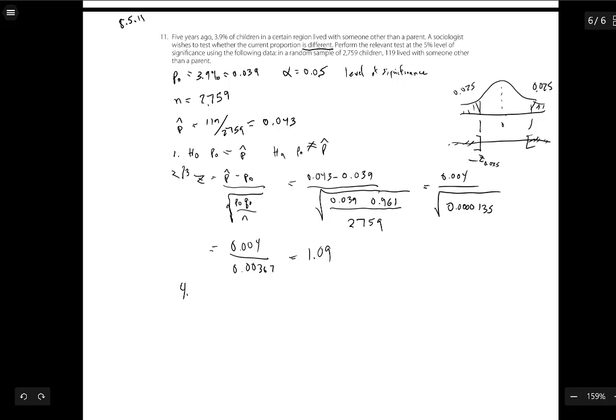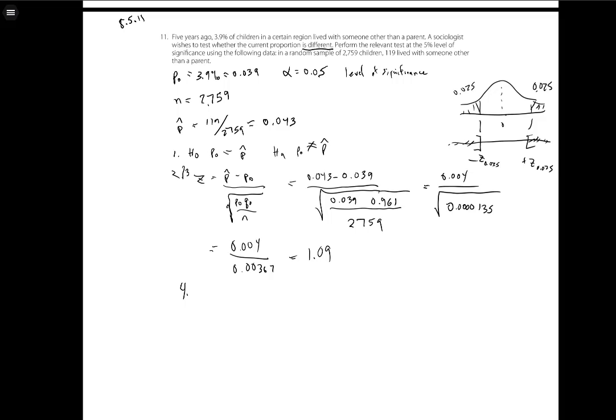We recently did that, because I'm doing several of these problems in a row. When I did that before, I looked up the z for 0.025 using the t-distribution table with degrees of freedom at infinity, where the t-distribution equals the z-distribution, the standard normal.